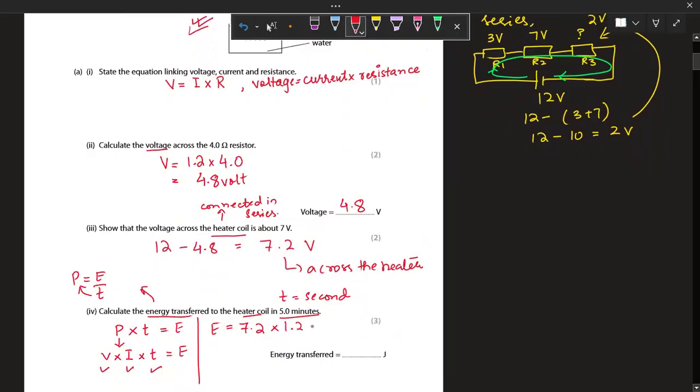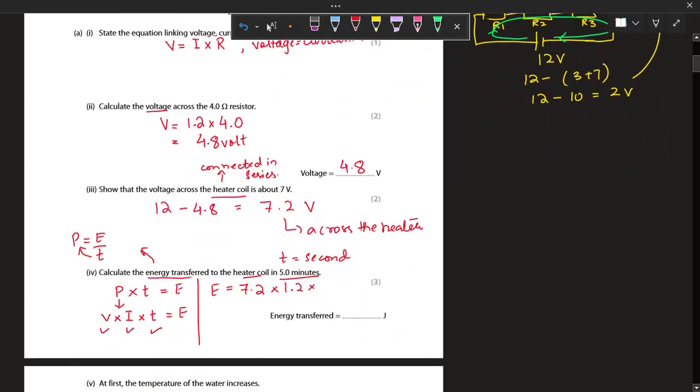And for how long is the power supplied to the heater? For 5 minutes, that is 5 times 60, so 300 seconds. So what should be the answer? 7.2 times 1.2 times 300.